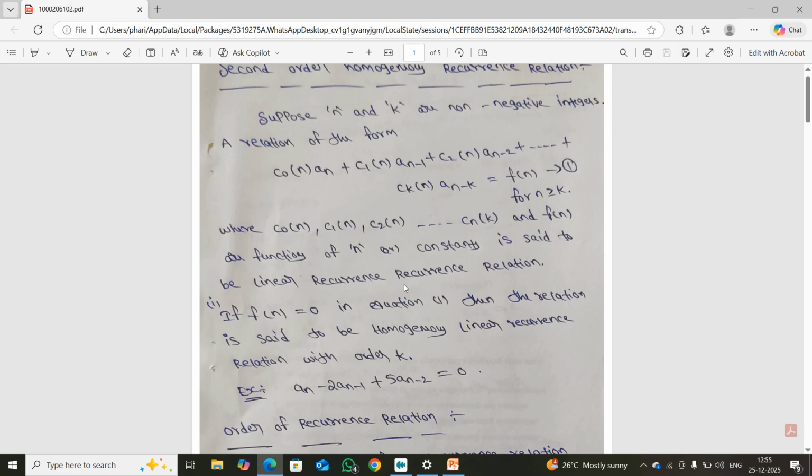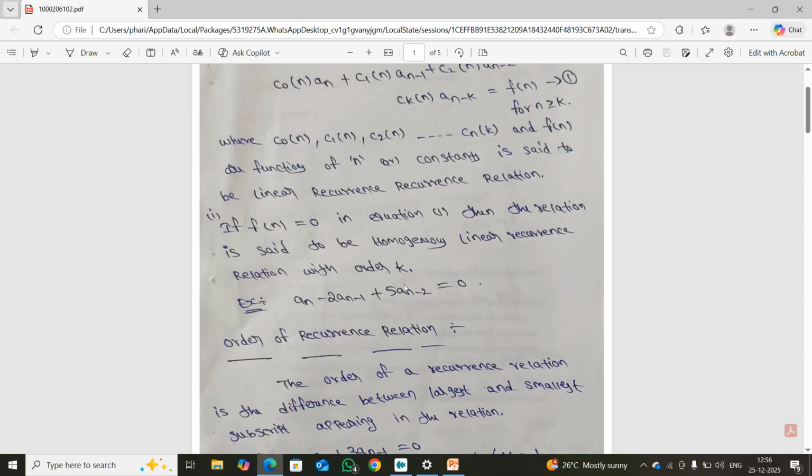If f of n equal to 0 in equation 1, then the relation is said to be a homogeneous linear recurrence relation with order k.